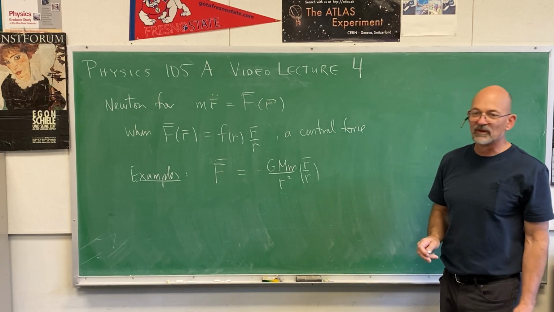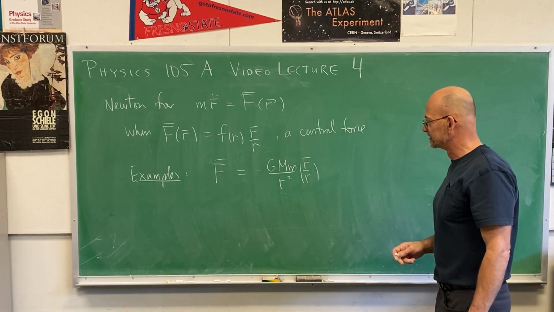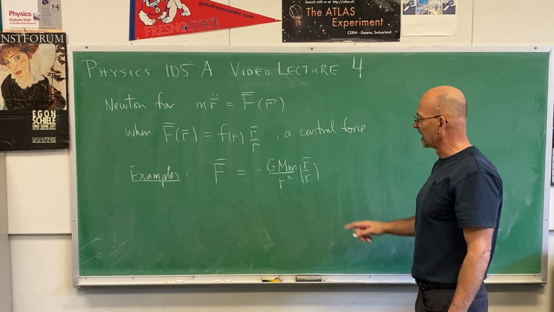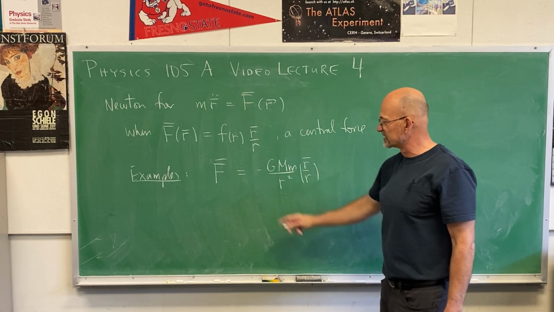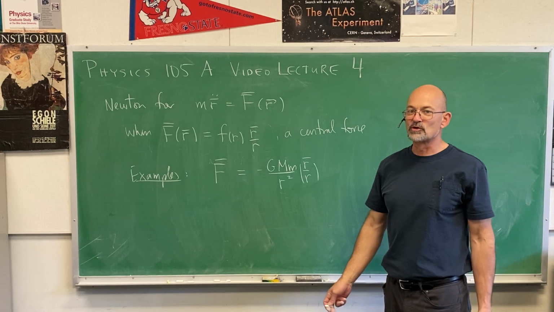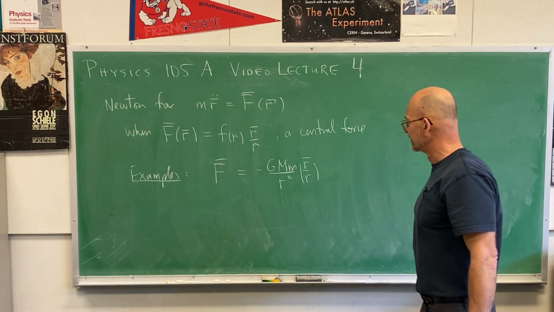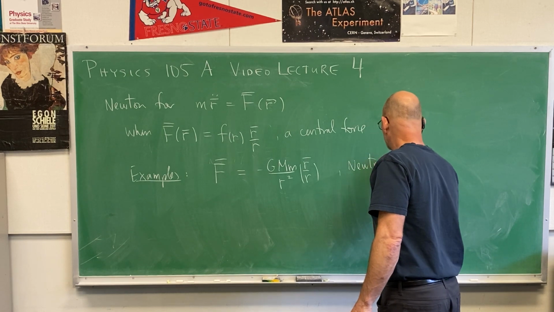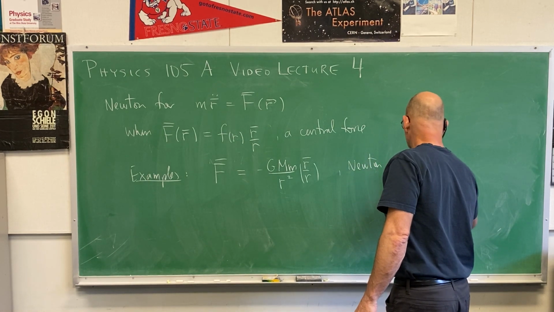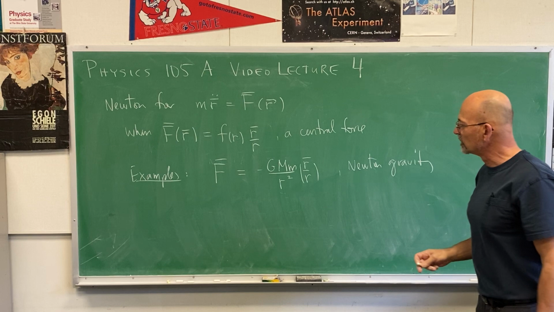Yeah, that would be Newton's law of universal gravitation. And since this is outwardly directed, the minus sign is what's telling us that we have an attractive force. So Newton, I'll just call this Newton gravity. So that's our major goal here.